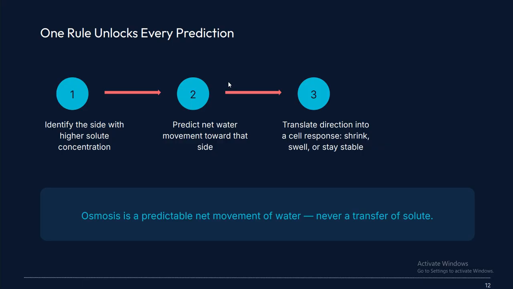So finally, if you just want to predict on the AP exam, I don't know if they're going to ask it, probably not, but if you just want one rule: first find out where there's a higher solute concentration, and then you can predict the net water movement. And then finally, you can say if the cell will shrink, swell, or stay stable.